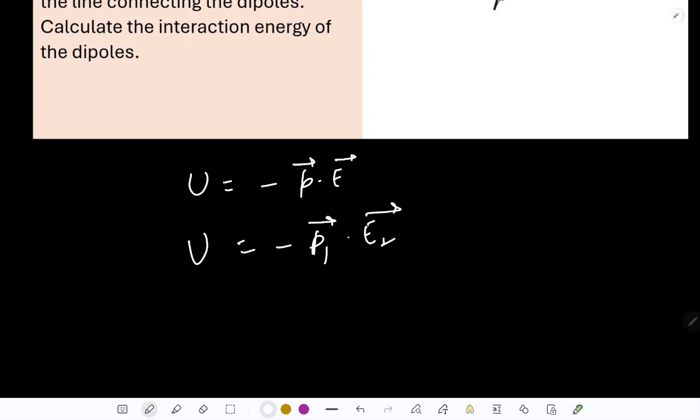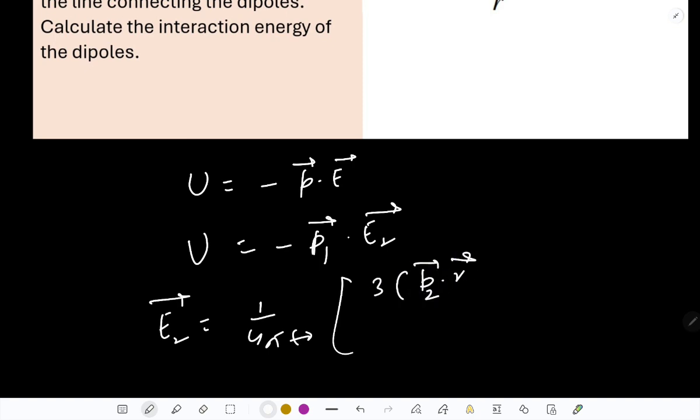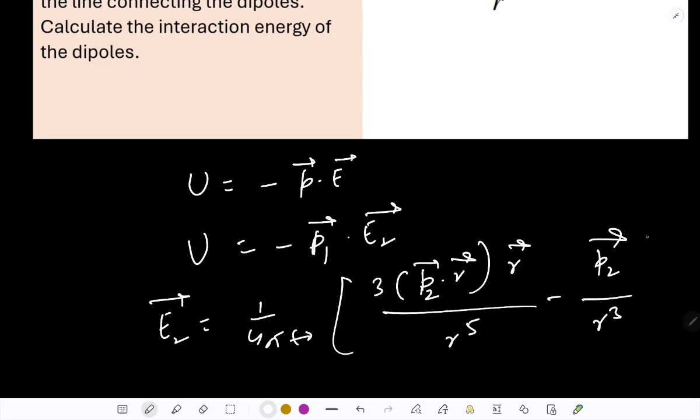E2 we have already calculated, and it can be written in the form of 3 P2 (P2 dot R), because we are calculating the electric field produced by dipole 2, and R is the position vector, divided by the magnitude of the position vector raised to the power 5, minus P2 vector by R cube. So this is the electric field produced by the second dipole at the location of the first dipole, and we can expand the scalar product.